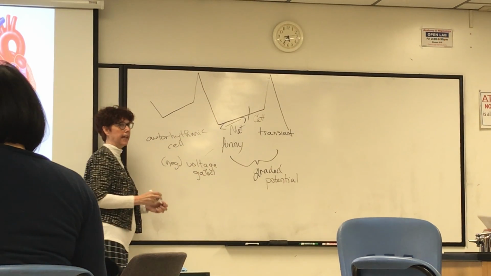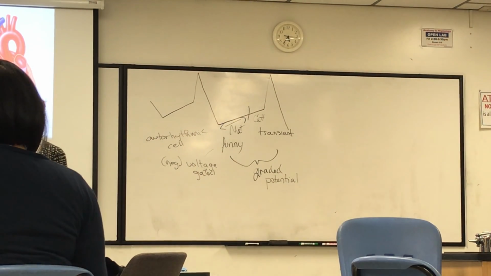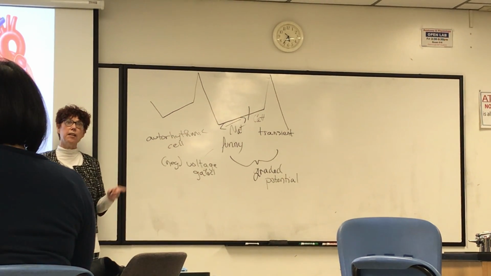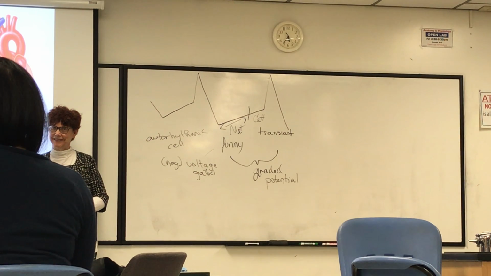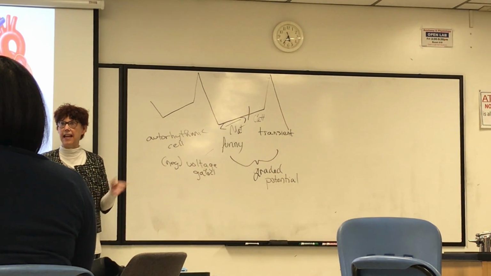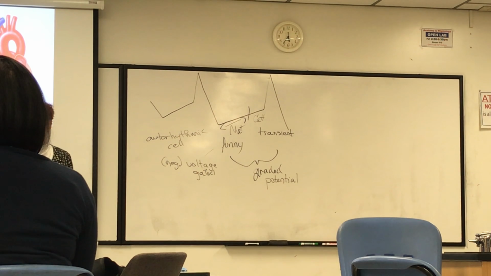But they're also funny because they have 2 components that cause them to open. This is the voltage gated, all right? Most voltage gated are action potentials. So in this case, our voltage gated is a graded potential because we can change the grade, we can change how steep, how rapidly or slowly that graded potential increases. That's usually the characteristic of a graded potential, meaning it can be more positive or less positive or even negative.